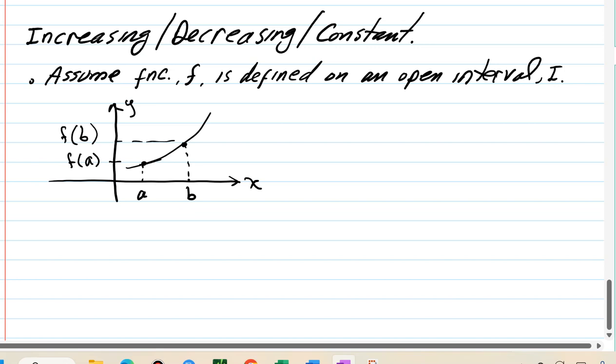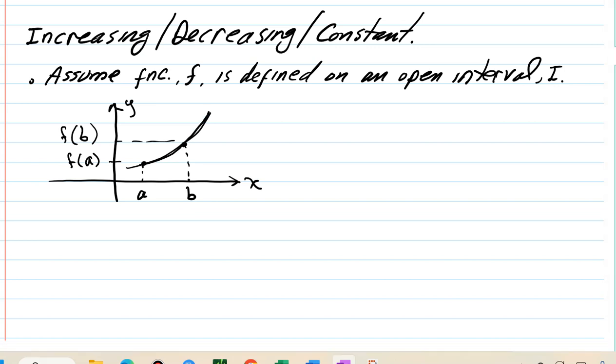Now, clearly, you can see this function is increasing because the value of the function at B is greater than the value of the function at A. So this function is what we call an increasing function.